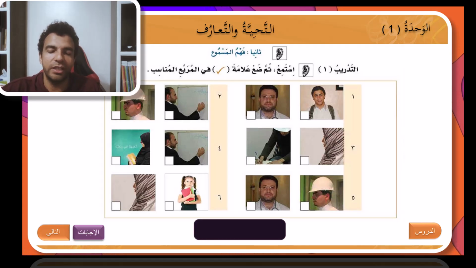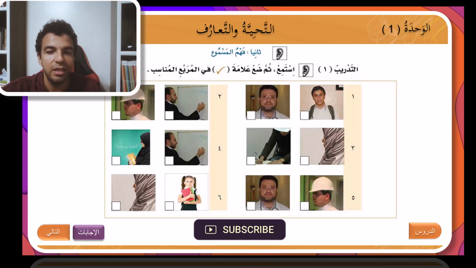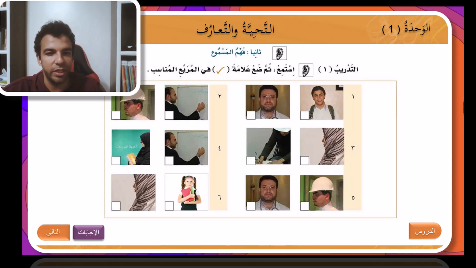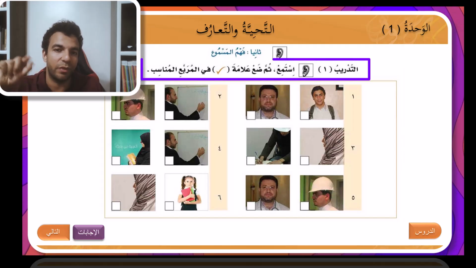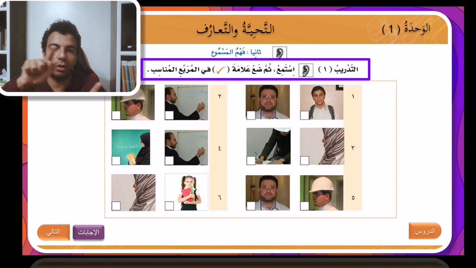Now, all I need from you is to listen to the word I say, and I want you to tell me which of the two pictures for each example is the word that I said. And now, for this new exercise talking about فهم المسموع, understanding what's being heard, and this is التدريب الأول. استمع ثم ضع علامة صحيح في المربع المناسب.